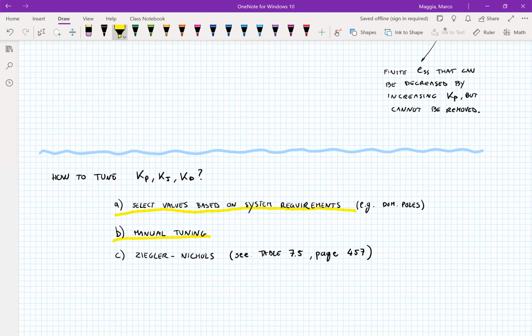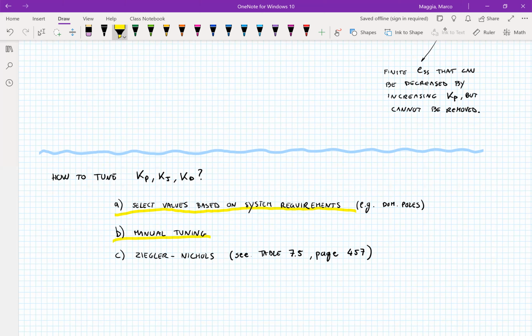You should have seen that in MAE106. There are instructions, but it's usually a guess. So you maybe fix Kp first, and then start tuning Ki and then Kd. So it's a manual tuning of the coefficients based on the output until the output looks like the one that you want.